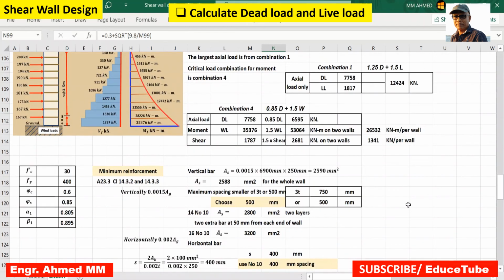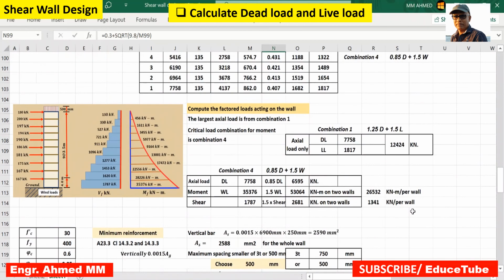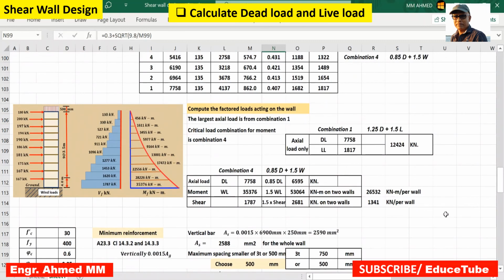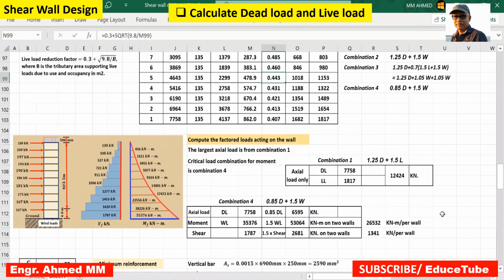So now for designing, we will go for the next video. Right now we are stopping up to here because my first part of the video was to calculate the wind load.